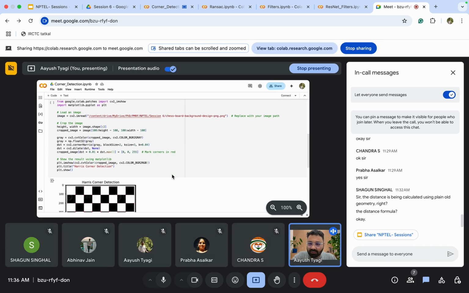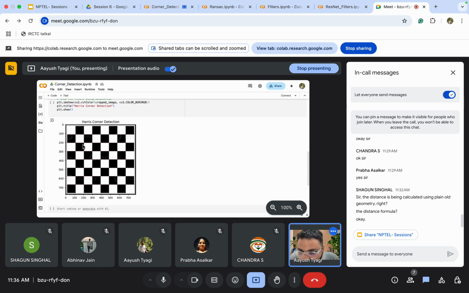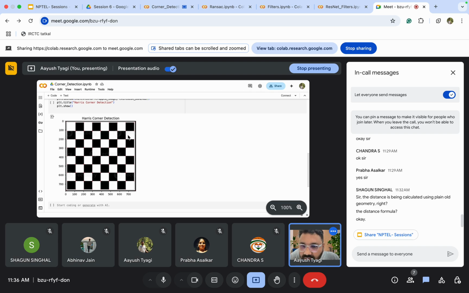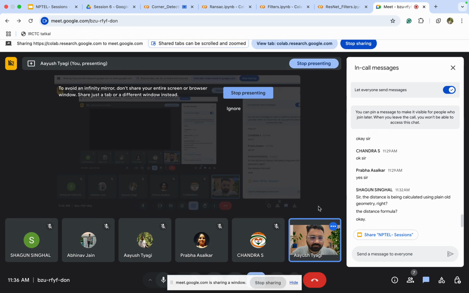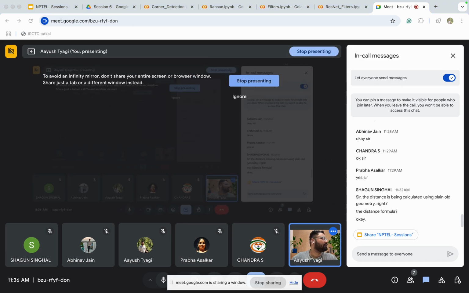OpenCV has this cornerHarris function, which you can directly use to compute the corners. And you can see these are the corners it has detected. I hope these red dots are clear to you. There are functions which make the task very easy, but do try out this tutorial, which is actually very good. Let me show you.